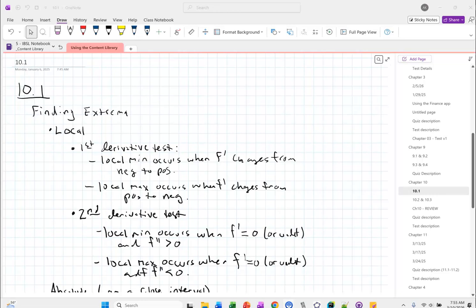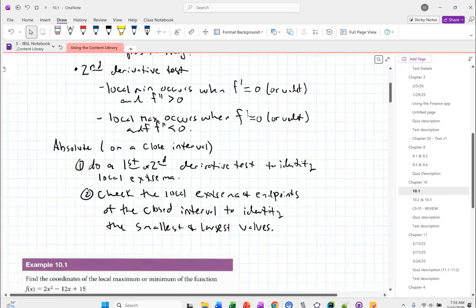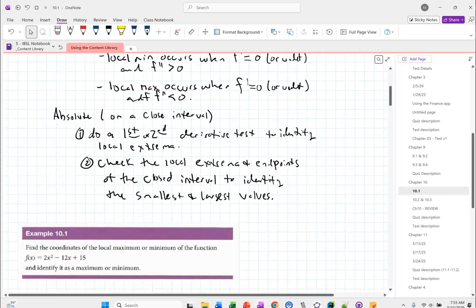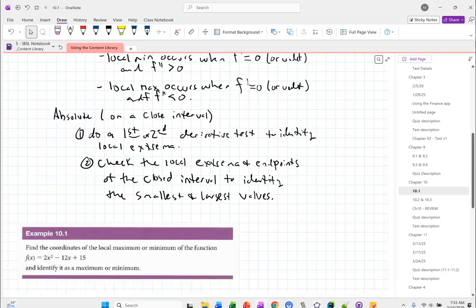So if I want to check for an absolute maximum or minimum, one, I have to have a closed interval. Okay?